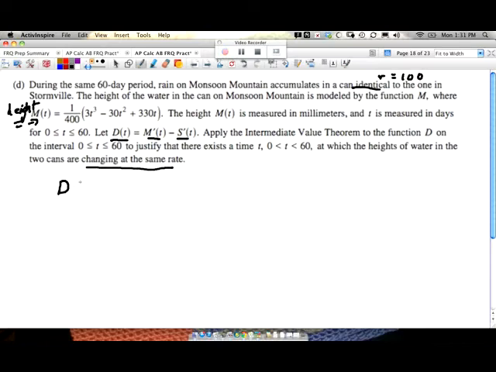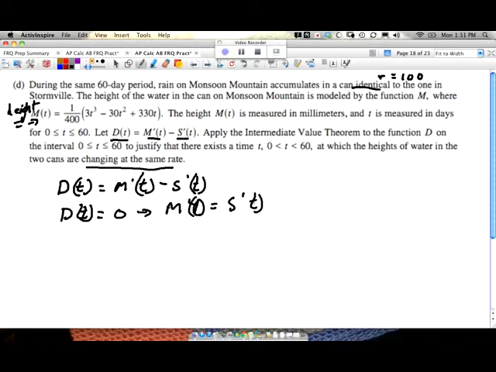Okay, so if d of t equals M prime of t minus S prime of t, then when d of t equals 0, that implies that M prime of t equals S prime of t. So we just have to figure out when they equal each other. Well, let's set that up.